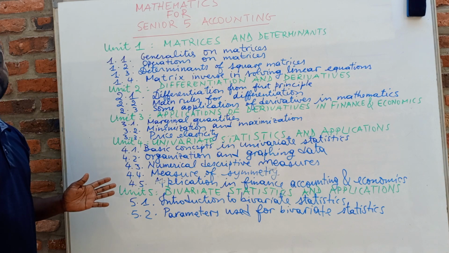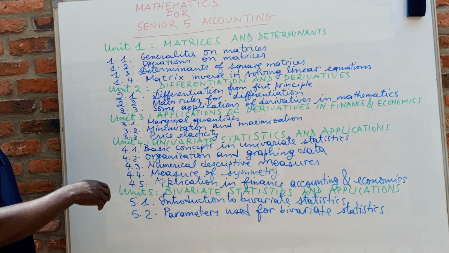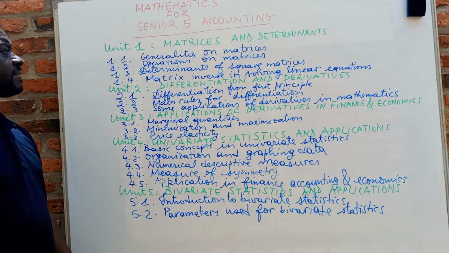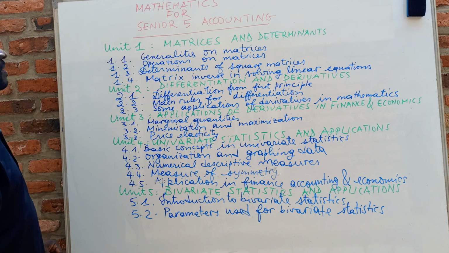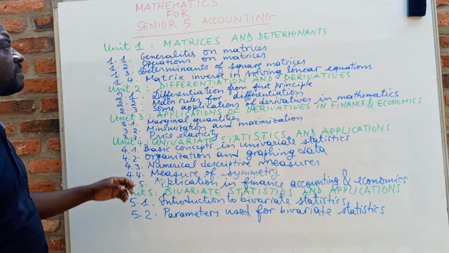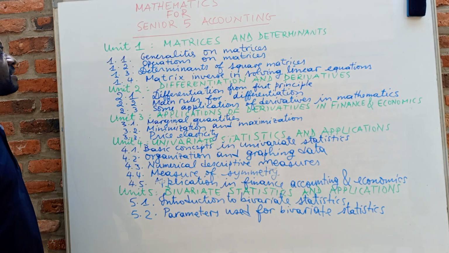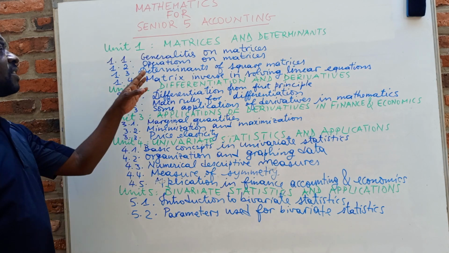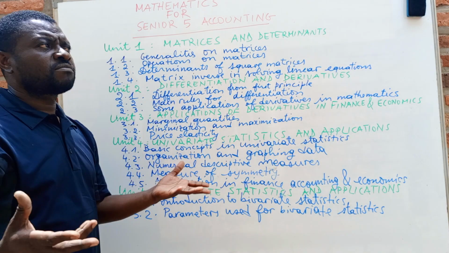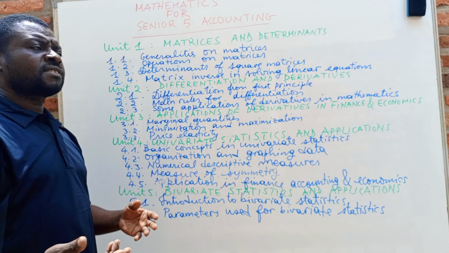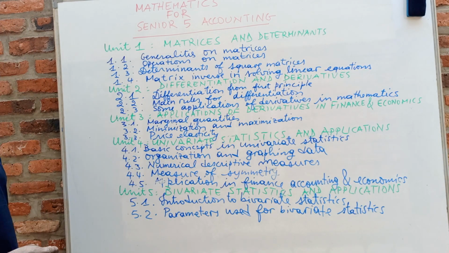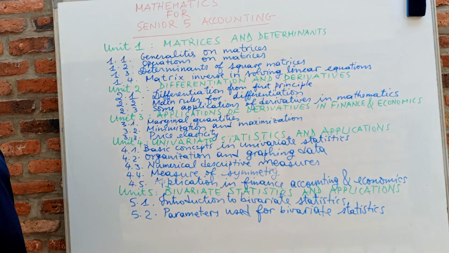we are going to cover this year, starting from unit 1, matrices and determinants. So we will cover these 4 subunits in the first unit. The first subunit is the generalities on matrices. These are just some matrices, definition, some types of matrices, some examples of matrices.